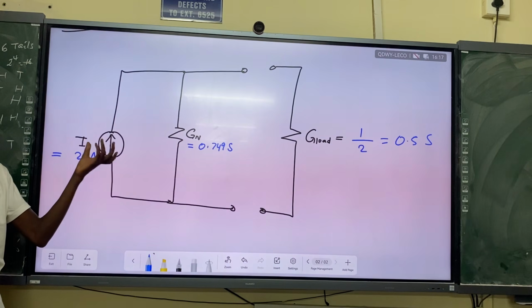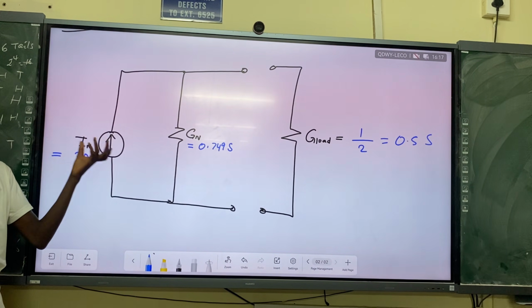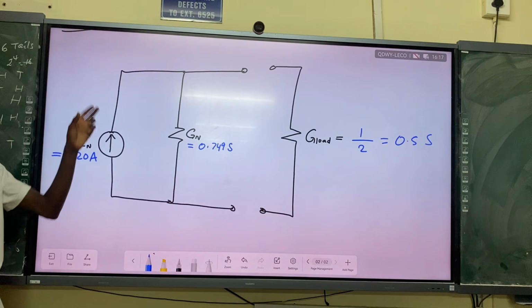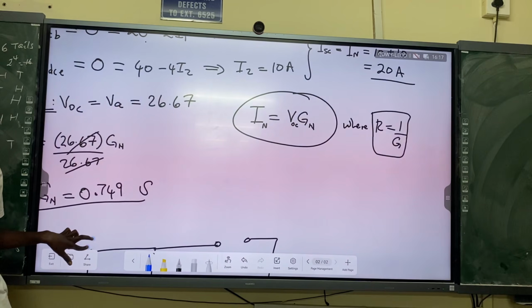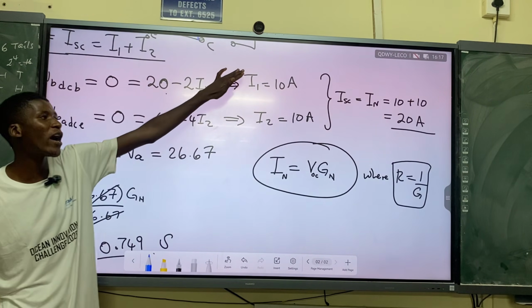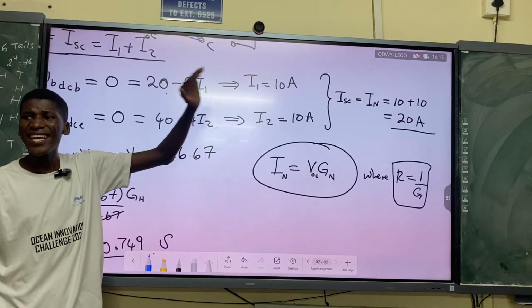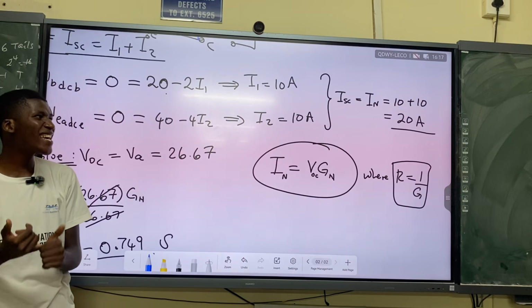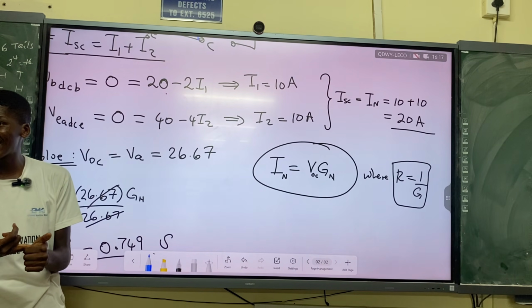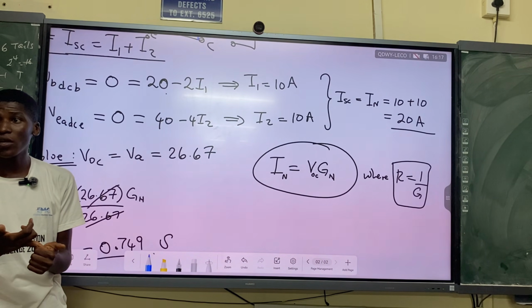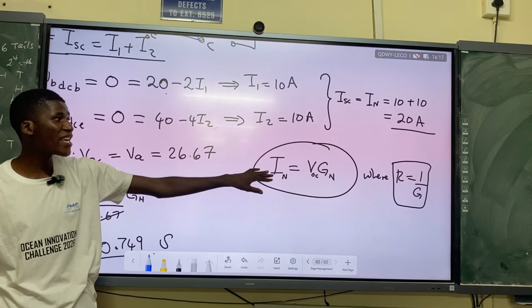The ideal current source is equal to the short circuit current. Our short circuit current we calculated as the sum of I1 and I2. Our short circuit current is the same as the Norton's current.